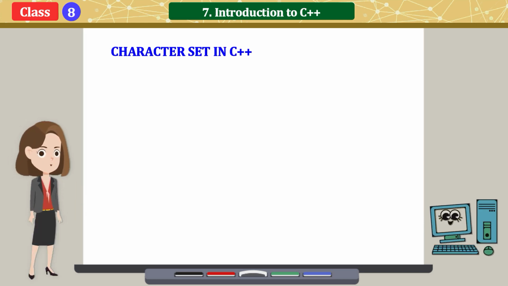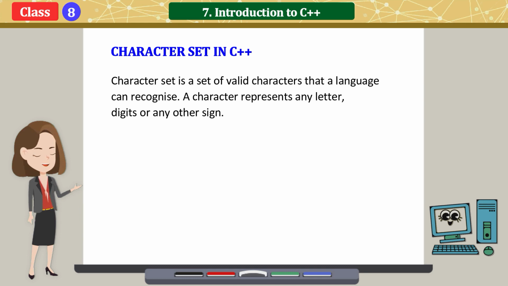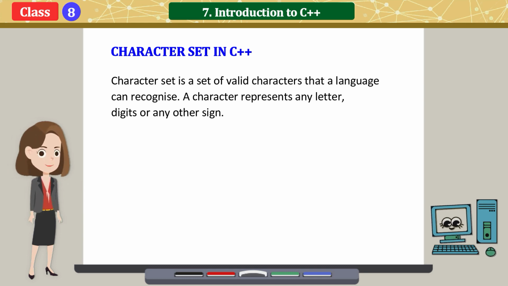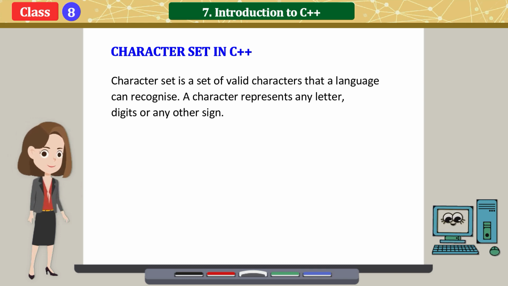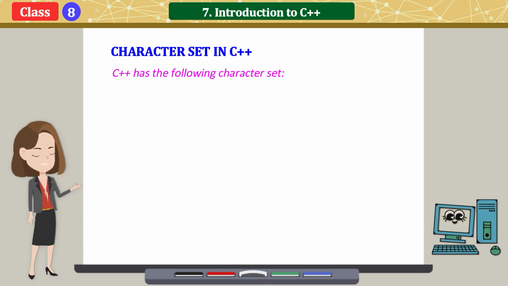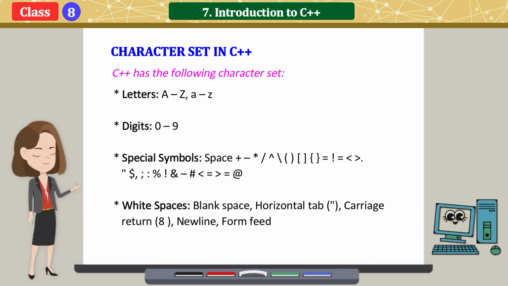Character set in C++. Character set is a set of valid characters that a language can recognize. A character represents any letter, digit or any other sign. C++ has the following character set. Letters, A to Z. Digits, 0 to 9.